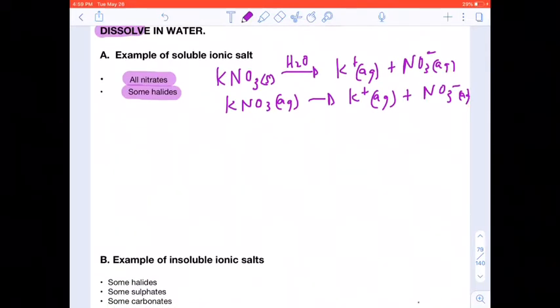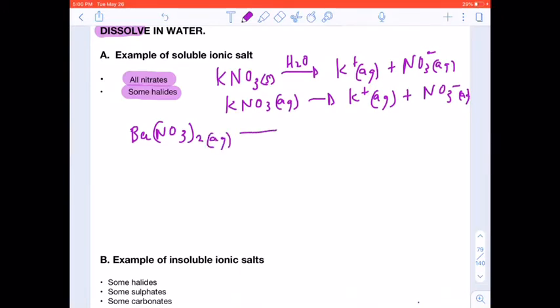Let's take another example: Ba(NO3)2, that's barium nitrate. If that is soluble, how do we separate it into its ions? We know that Ba has a charge of 2+, and that's aqueous.